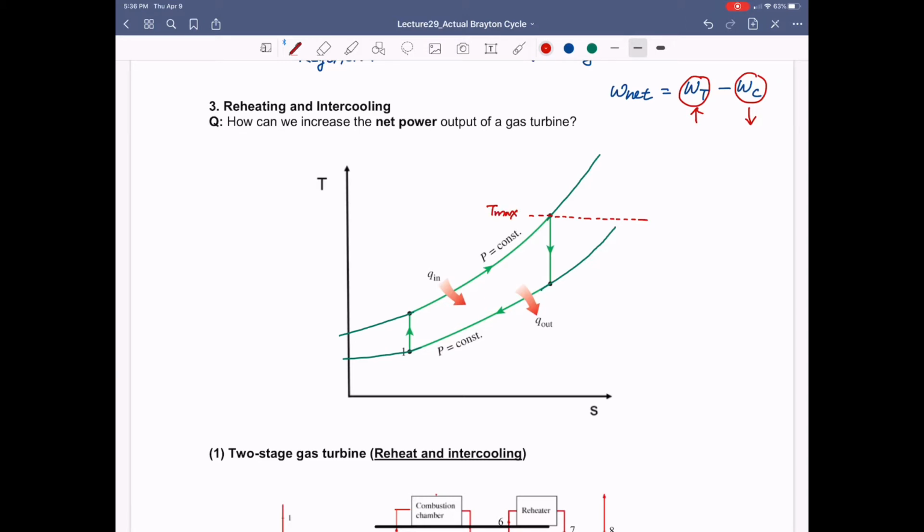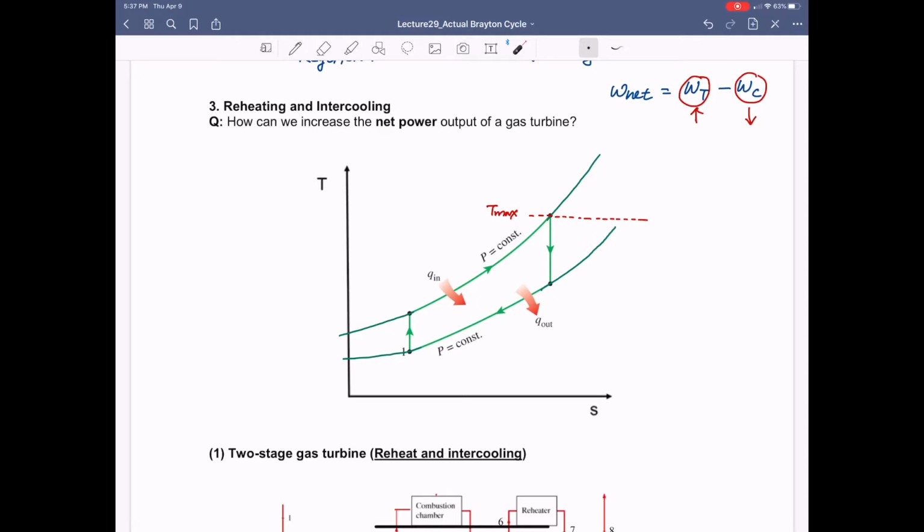Again, in order to protect the blades of the turbine. So what I can think of is that now, in order to make more turbine power, we really want to push this vertical line that is going to turbine work to the right side, so we can move to this side. So how can we make it happen?